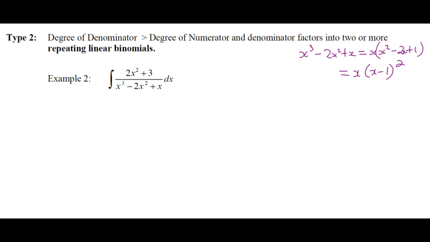Quantity squared, right? It's just the square of x minus 1. So, what does that mean? It means that our denominator could have an x in the bottom. So, let's do this. For illustration only, you don't need to write that out, right?